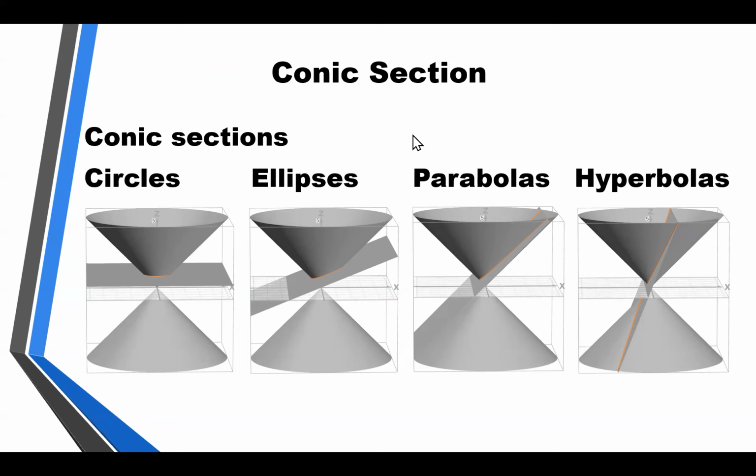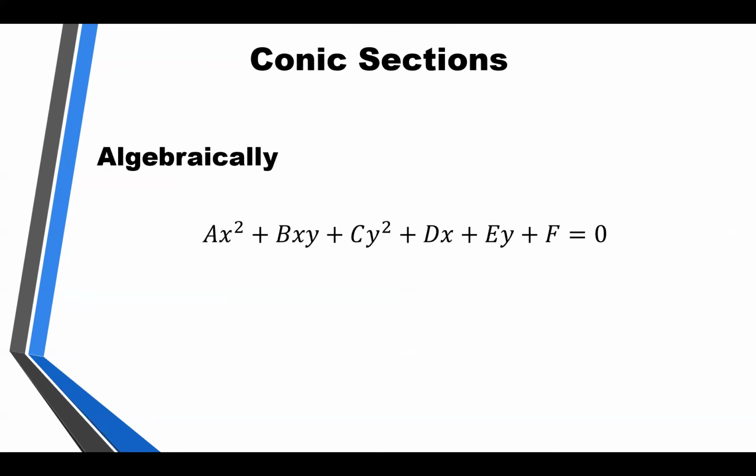Those four, and we're going to skip the point and the line and the intersecting lines, at least in this video. Now, that's what conic sections are in terms of how the plane and the cone intersect.